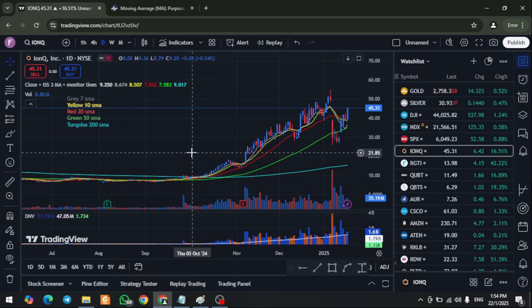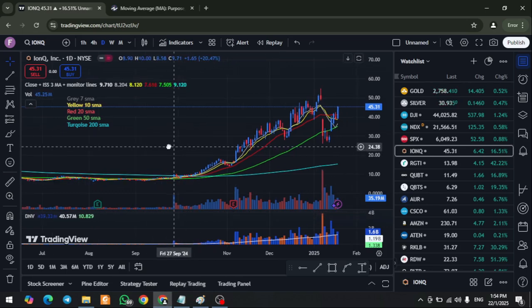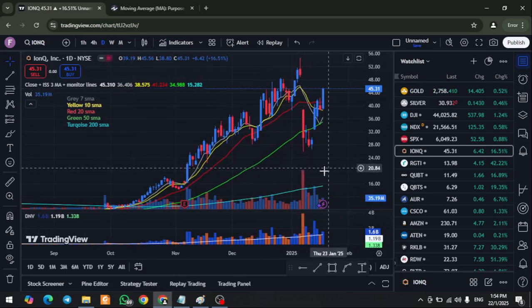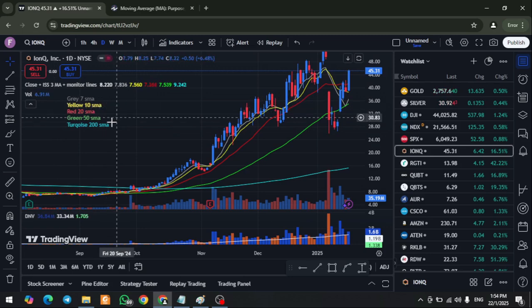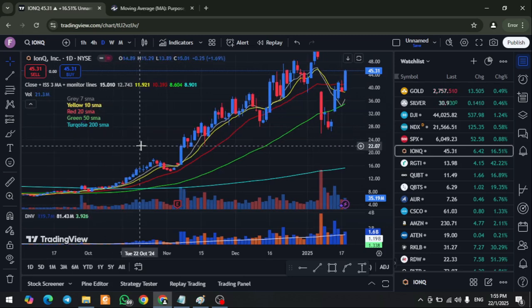Let me show you some examples on the chart. This one is IonQ. In this chart we can see the indicators I already put over here. If you wonder which line belongs to which moving average, the gray one is 7, the yellow is 10, and so on.